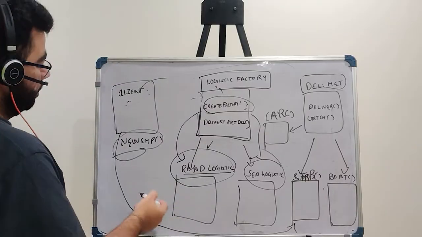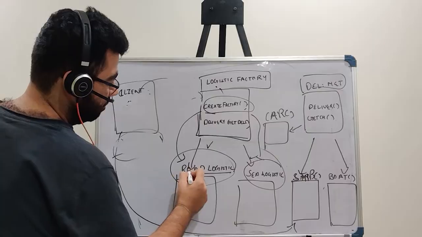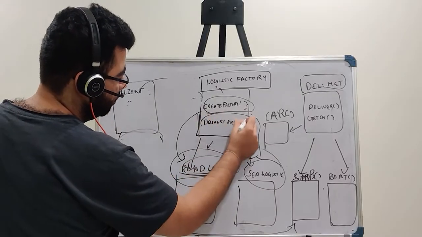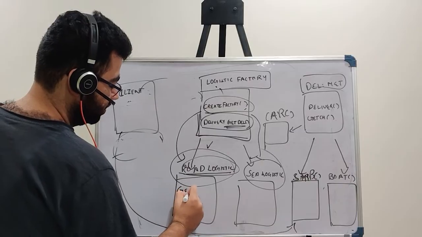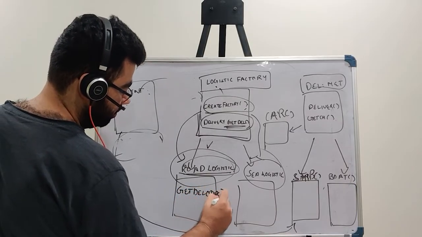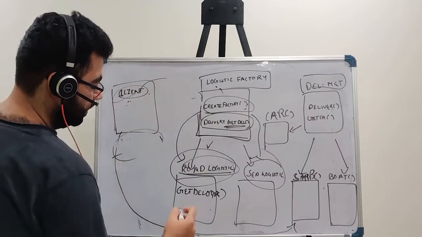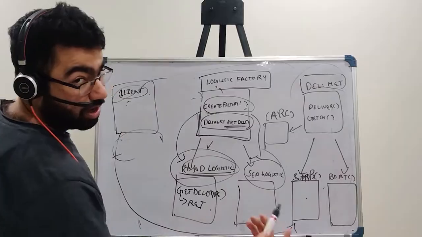Now instead of this happening here, it will happen in this road logistics. So we have introduced a function called get delivery method. We will implement this function, and in it we'll take type as the parameter which we'll get from the client, and on the basis of this type we will return one of the delivery method types, car or a truck.